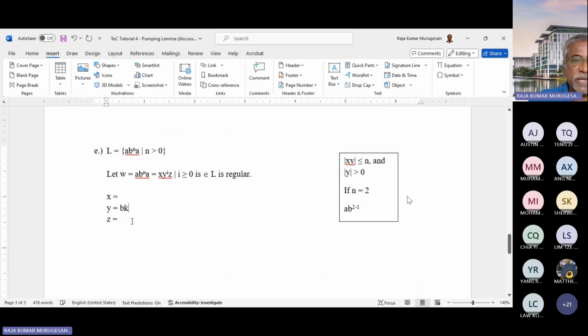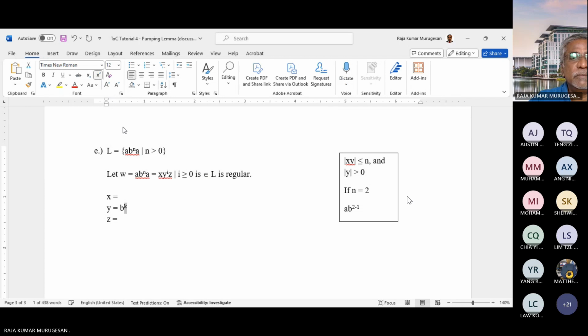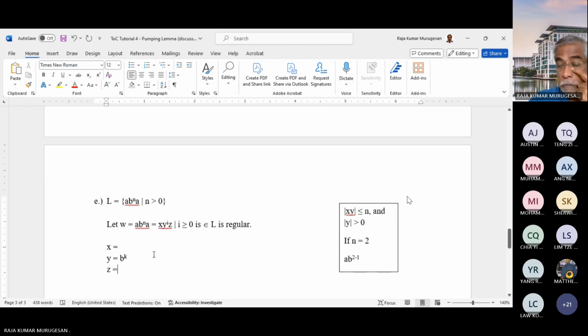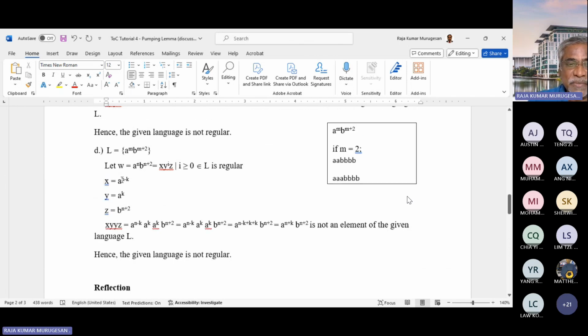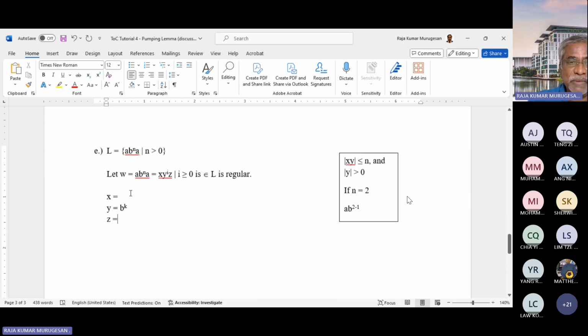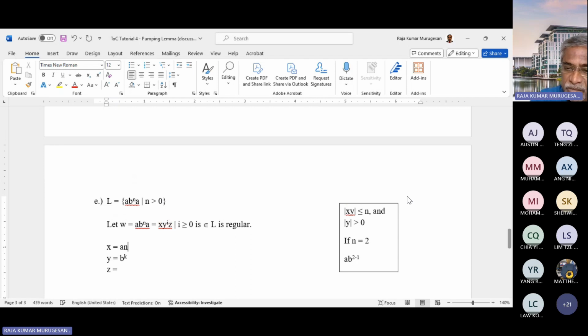We cannot do that here, I will tell you. We cannot follow this style. We write a power n minus k. We cannot do that. I'll tell you why. If we write like this, we won't get a, b length n.